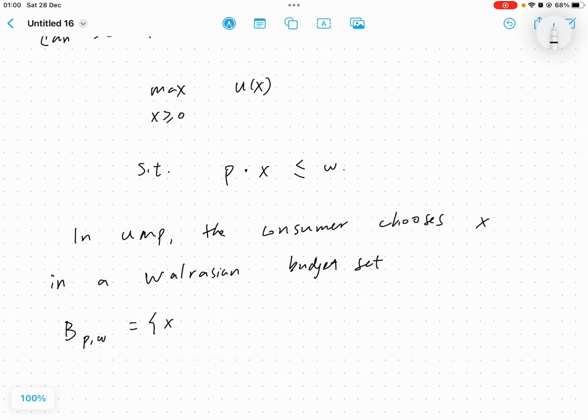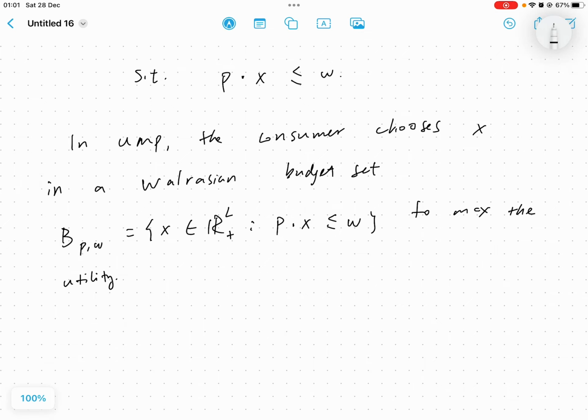So this would be a set of all those x's in positive real numbers in L dimensions, where we have some constraints for this x. So this would be just the budget itself. So the inner product of P and x cannot exceed this W, to maximize the utility. So this is called the Walrasian budget set.